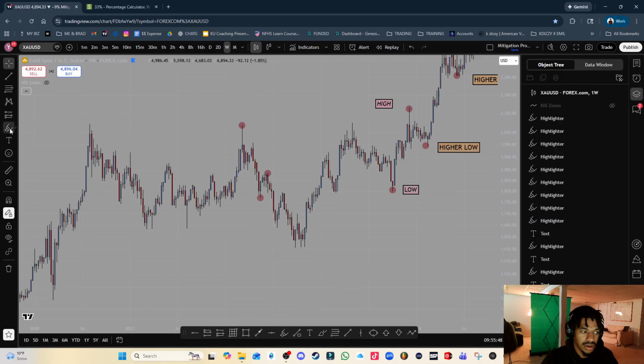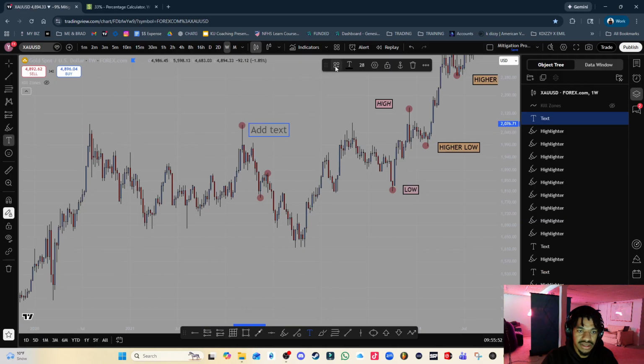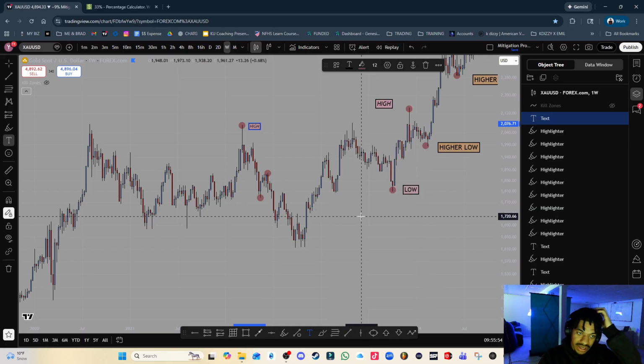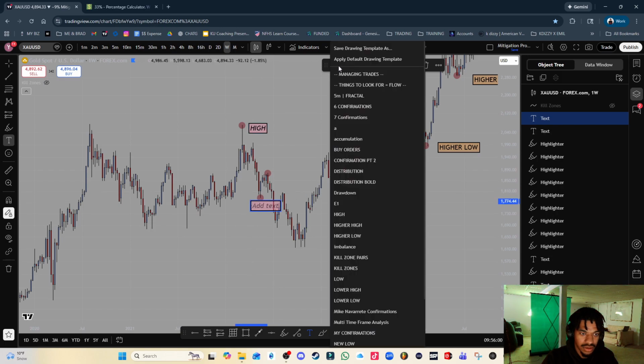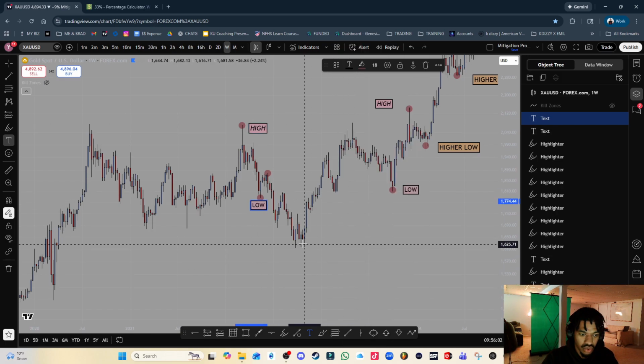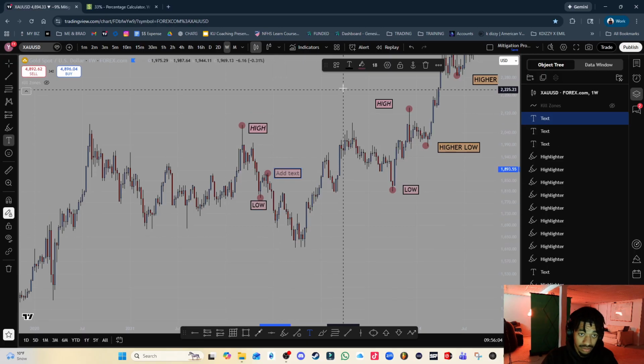So I'm going to get my text tool, come right here, get my template, and put high right here, and then low, and then this is a high, but it's lower than this high, so it's a lower high.